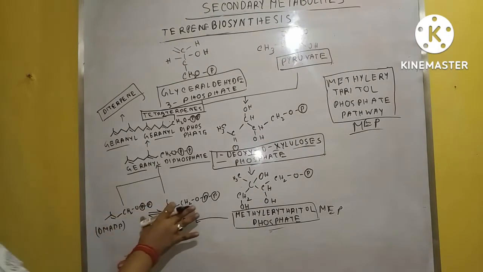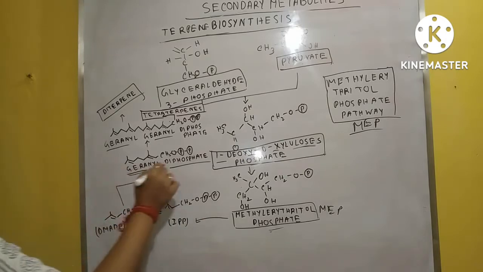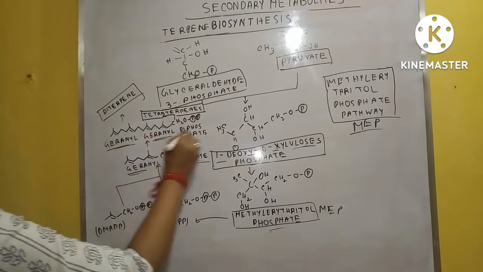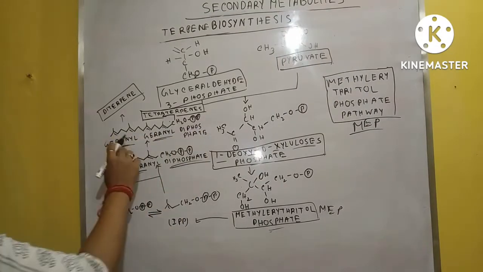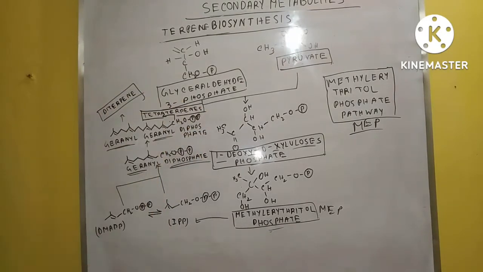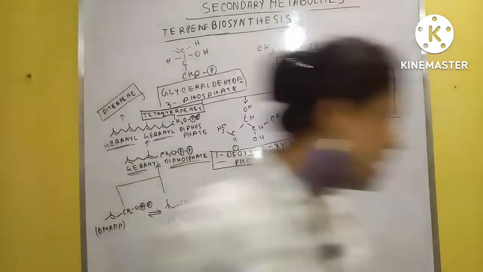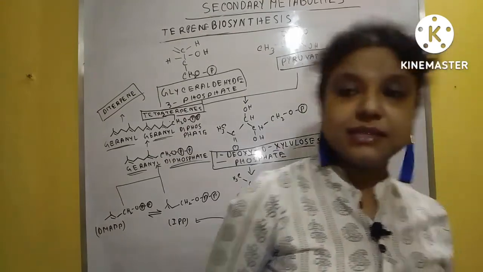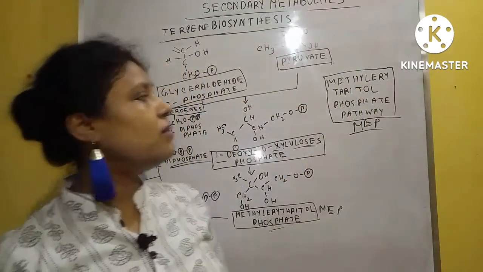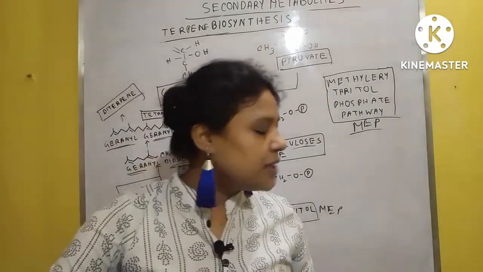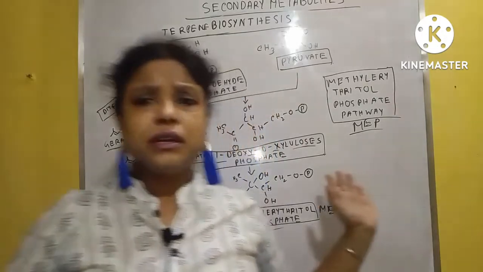Next, they join together to form the geranyl diphosphate, and from this geranyl diphosphate, the diterpene and the tetraterpenes are formed. So these are the biosynthesis processes of the terpenes. One is the mevalonic acid pathway and another is the MEP or methyl erythritol phosphate pathway. Clear? So this is the terpene biosynthesis, and I think you can properly understand.